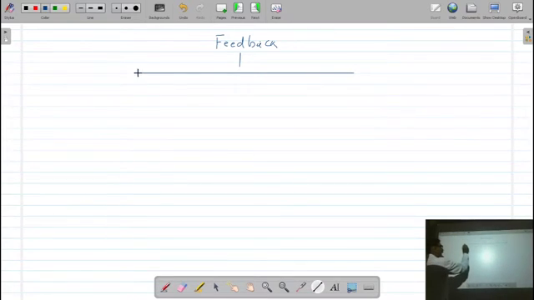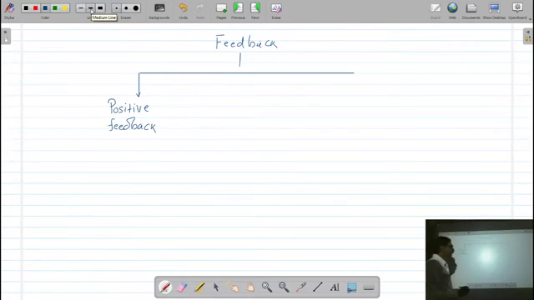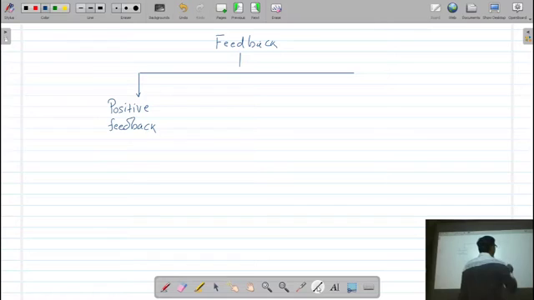One is called positive feedback, and we have already discussed what positive feedback is. Another type of feedback is negative feedback.